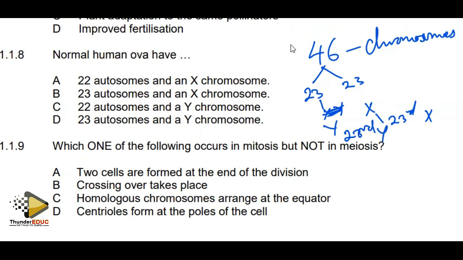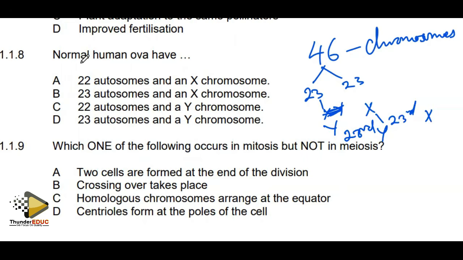So if the Y of the male fuses with the ovum of the female, which is X, it is going to be XY, and then we produce a male. And the female is always X, so the X of the male fuses with the X of the female, then it's going to become XX, and then it's going to become a female.